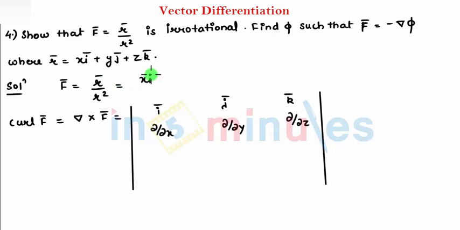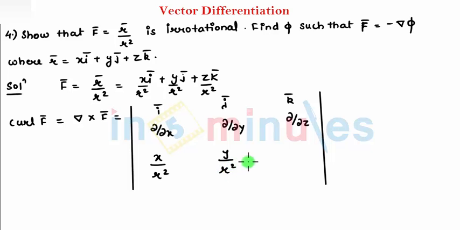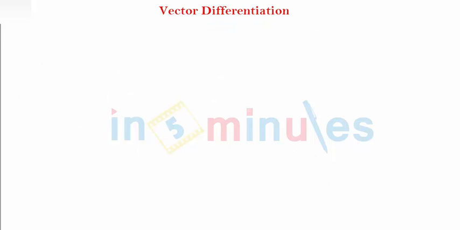That is xi bar plus yj bar plus zk bar. So each term will be divided by r square. So I can write the coefficient of i as x divided by r square, y divided by r square and z divided by r square. So now let's find the curl of this.